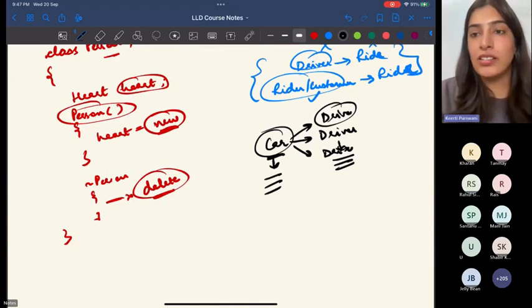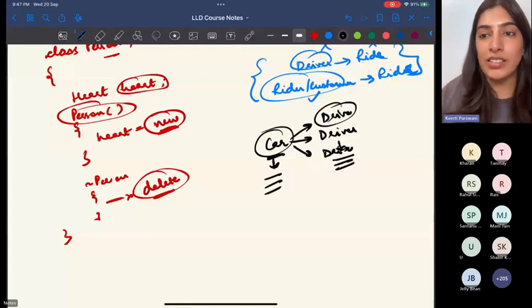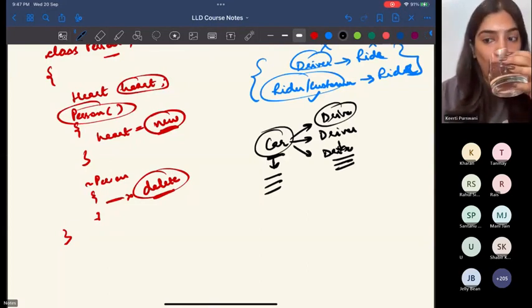Yes, because it is not like when the class gets deleted, this driver will also get deleted. The entire life cycle is not dependent on that, so that will be aggregation.